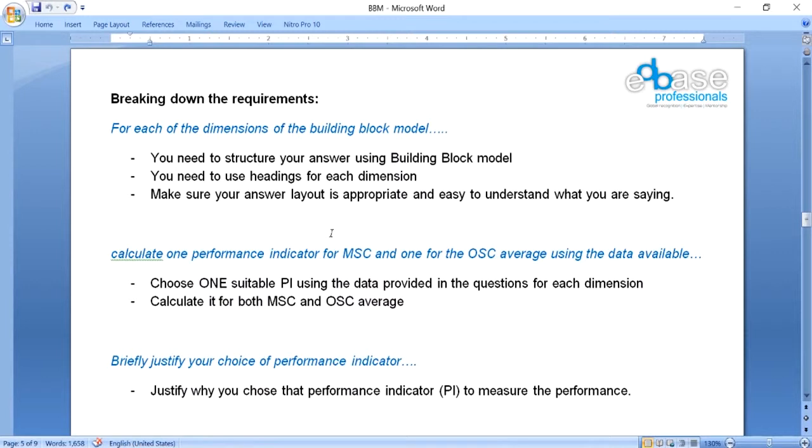If you use headings, the answer layout will be clear to the examiner. He or she can see the exact headings you are writing, and it will be easier to mark. So we will use the building block model to lay out our answer, and structure it in a way that is easier for the marker to mark.